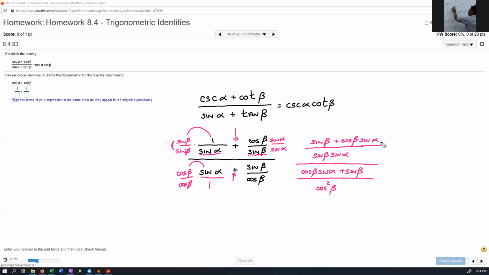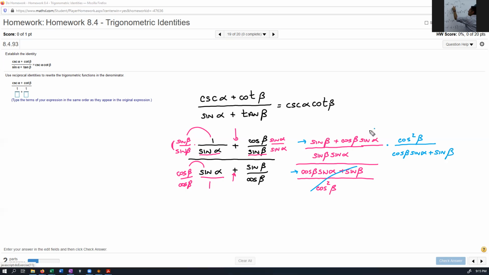Ooh, wait a minute. Those are the same? No. This and this are the same. So when I do multiplication of the reciprocal of this, I bring the cosine squared beta on top. On the bottom, I have the cosine beta sine alpha plus sine beta.